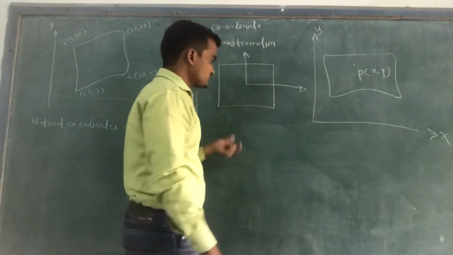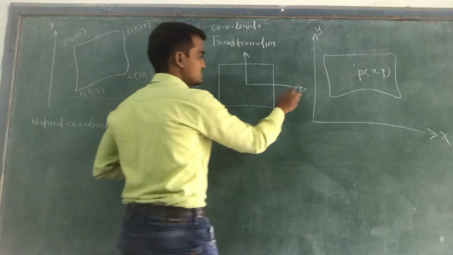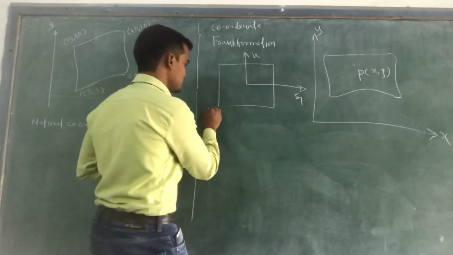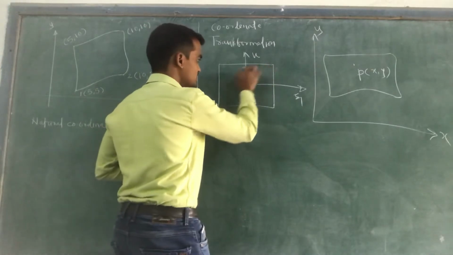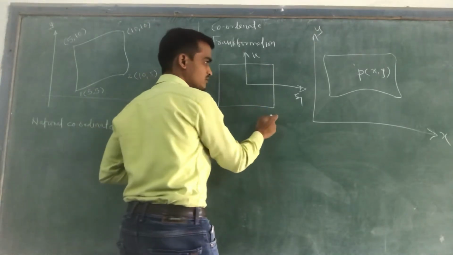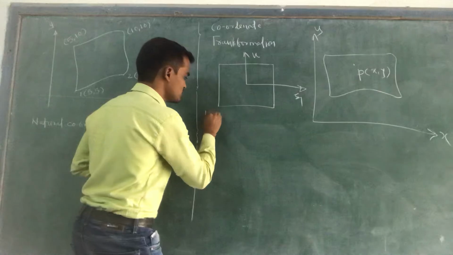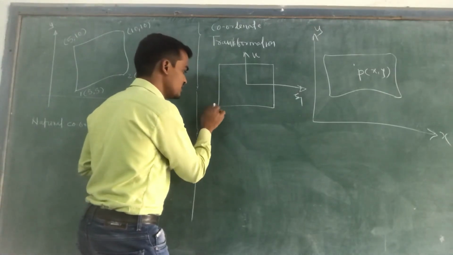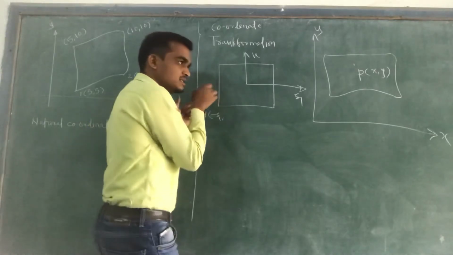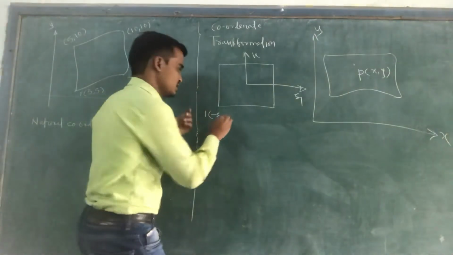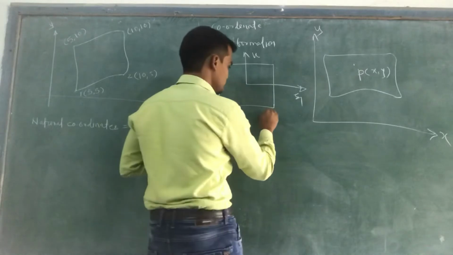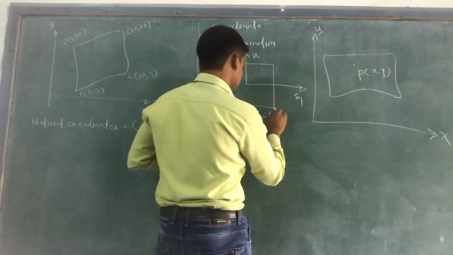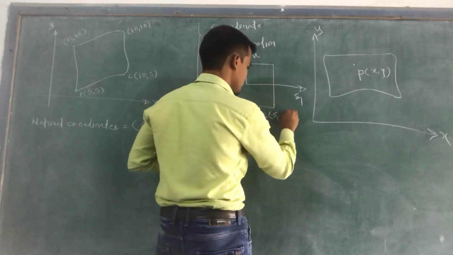As we know, for this natural system zeta and eta are the coordinates, and this is the first, second, third and fourth quadrant. This is your first node. The third quadrant has negative values, so minus zeta, minus eta. We discussed these things in the third unit. The second node will have plus zeta, minus eta.